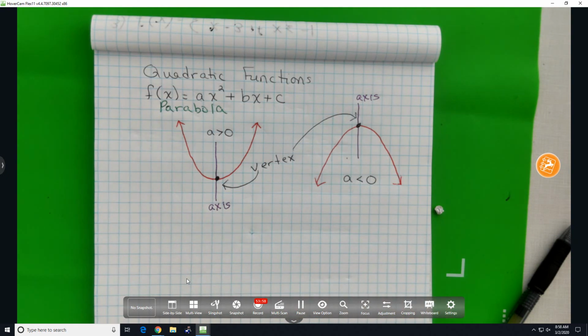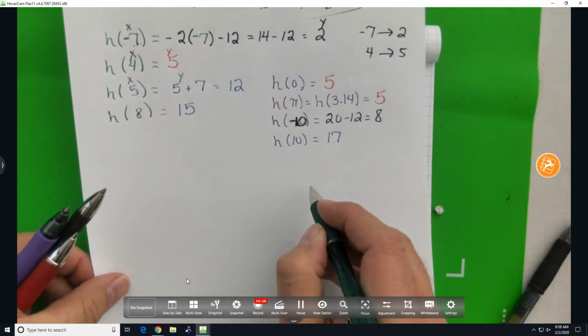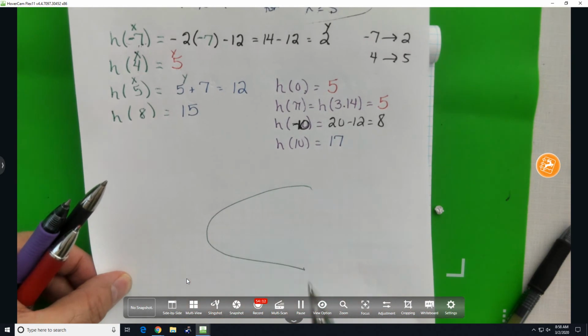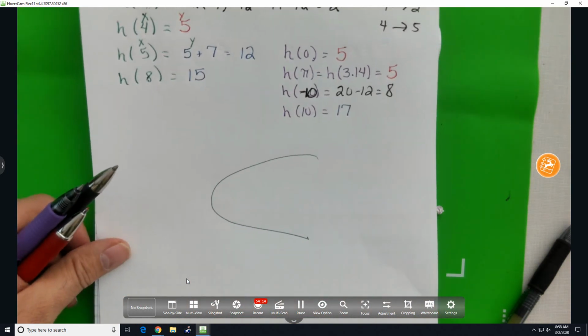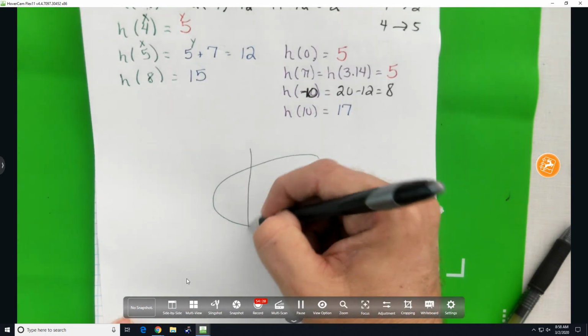Oh, I suppose sometimes students are wondering, well, wait a minute, why aren't any of these opening left or right? And you answered that question in your homework the last time. If you have a parabola opening left or right like that, do you remember that vertical line test? Is this thing even a function?